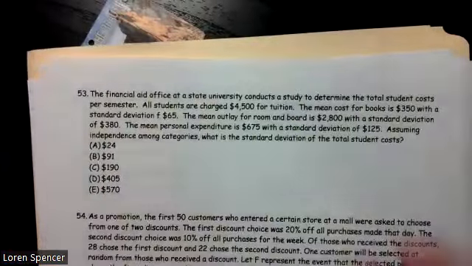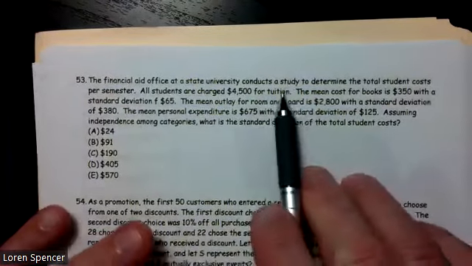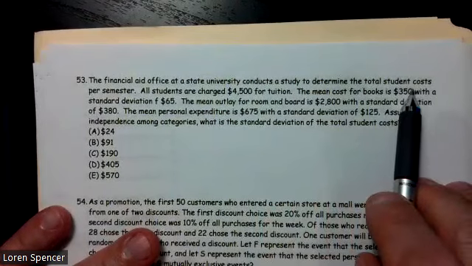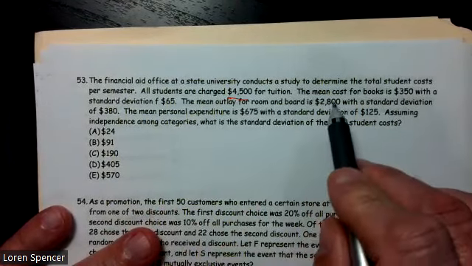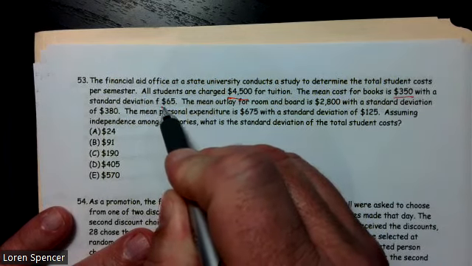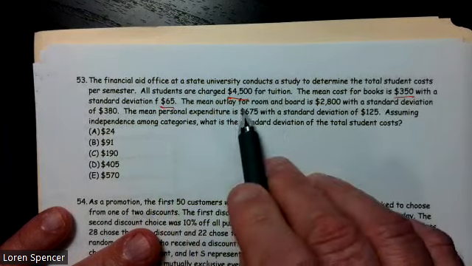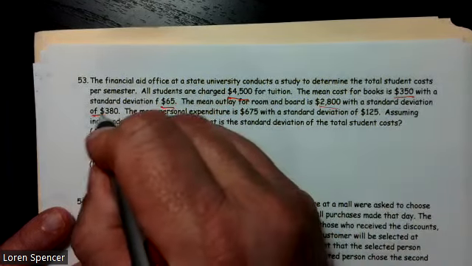Moving on, question 53. The Financial Aid Office at a state university conducted a study to determine the total student cost per semester. All students are charged $4,500 for tuition. The mean cost for books is $350 with a standard deviation of 65. The mean outlay for room and board is $2,800 with a standard deviation of 380.